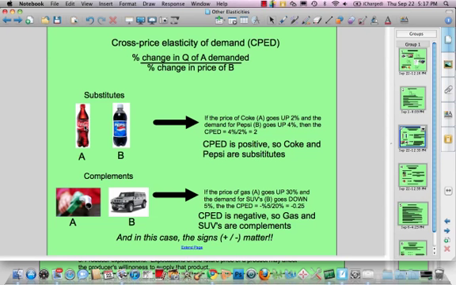You'll see movement along the demand curve, which means that you're going to have an increase in demand for another product. Look at complements. So for this example, I've chosen gas and SUVs, complementary products.